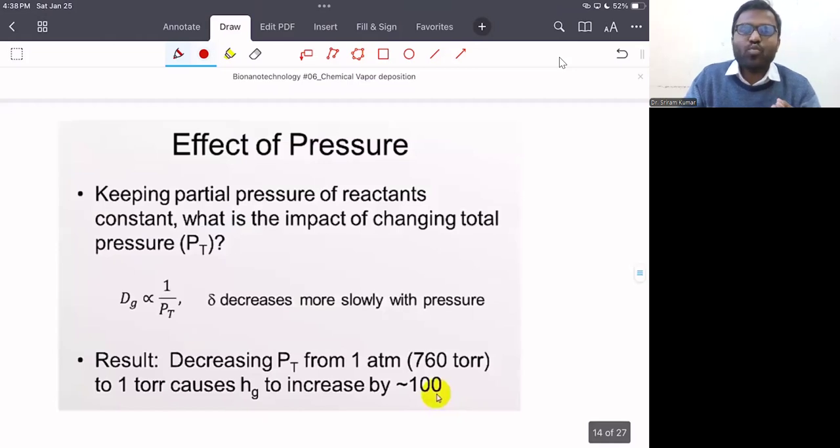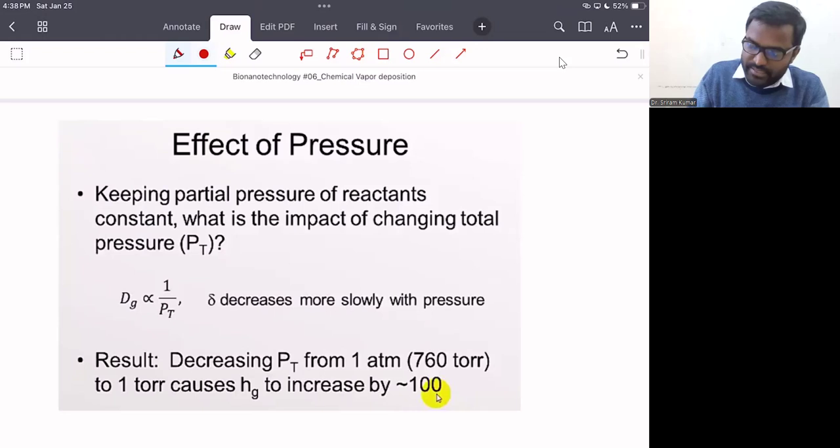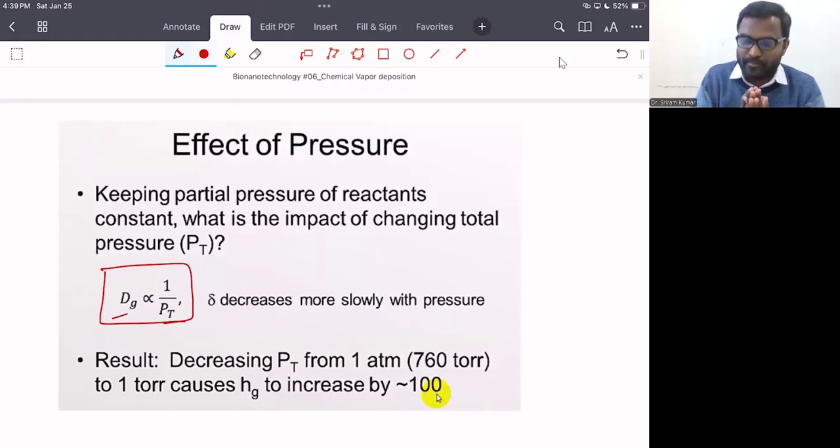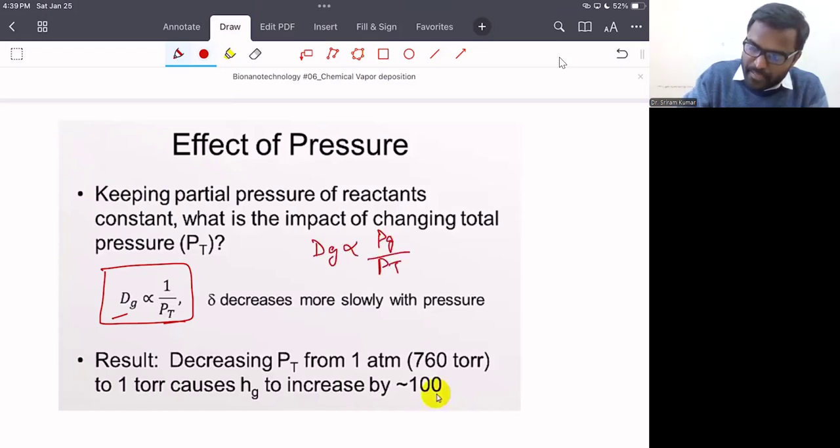Now let's understand the effect of pressure. As we understood from the previous data, the diffusion of gas is inversely proportional to the total pressure, and here Dg goes as Pg upon Pt.